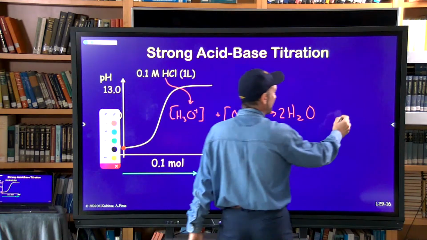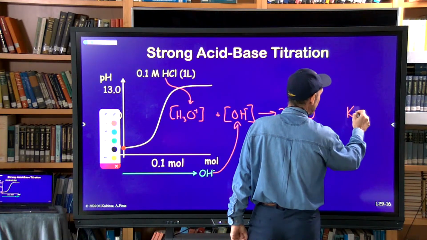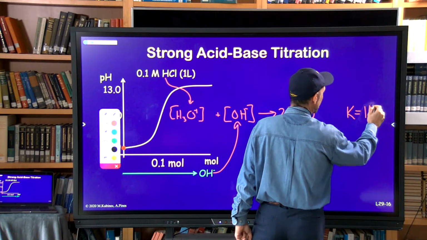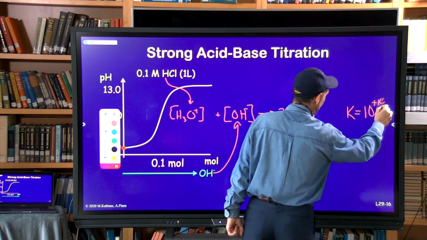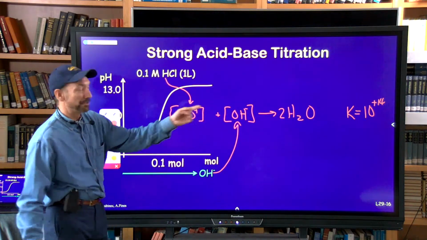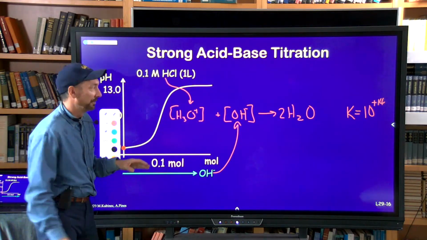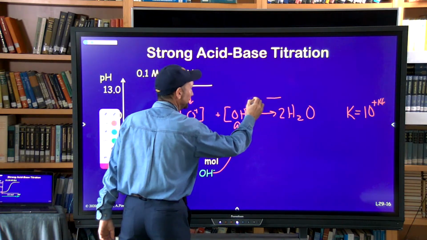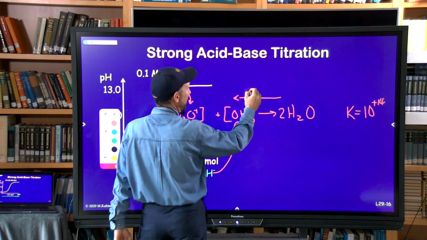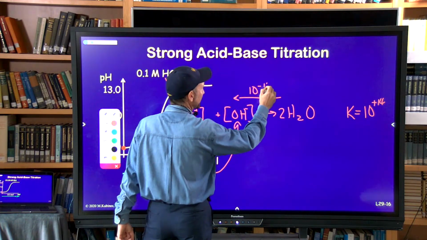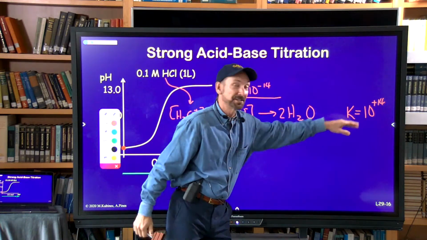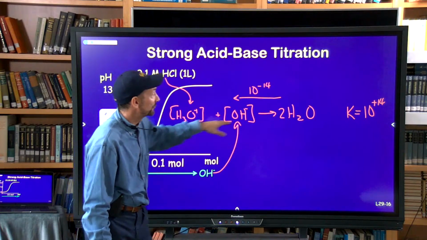The K for that is ginormous, 10 to the plus 14. That's the opposite of the direction we wrote it for. We know in this direction, that's auto-ionization, so that is 10 to the minus 14. This, going the other direction, is 10 to the plus 14. So that goes all the way.